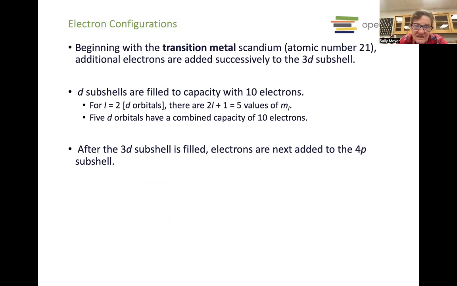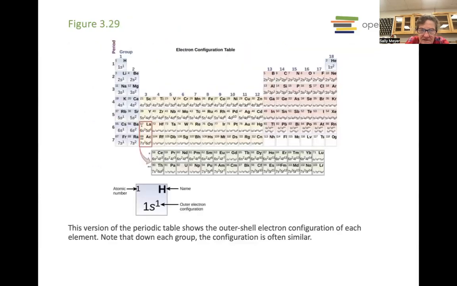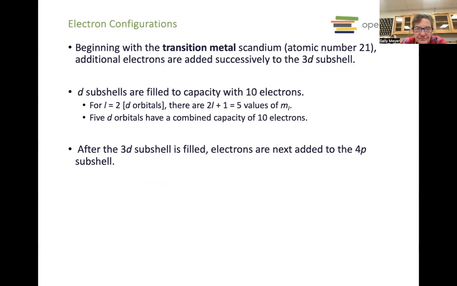And after the 3d is filled, electrons are next added to the 4p. So when you're looking across the 4th period, you're going to fill the s's, then you're going to fill the 3d's, and then you're going to go back and fill the 4p's from gallium over to krypton.